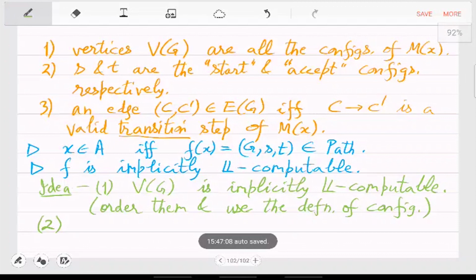Indexing a configuration will be easy because the number of configurations is polynomial, right? So that's important.